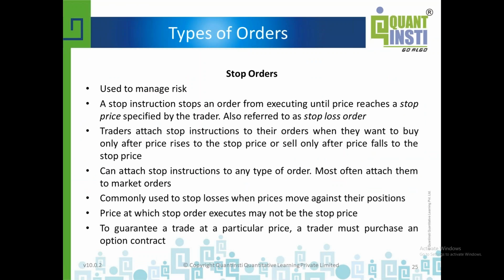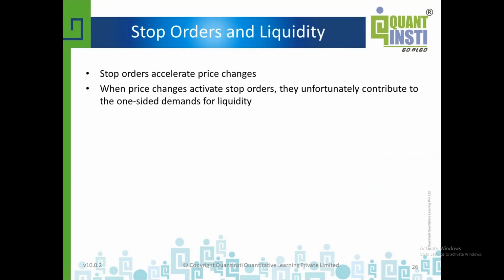All right. So the thing about stop orders is that they accelerate price changes, and you will see this many times when a market is crashing, right? A couple of weeks back there was a stock called Hind Petro that gets traded on the exchange, and there was some announcement and the stock immediately fell by around 25%.